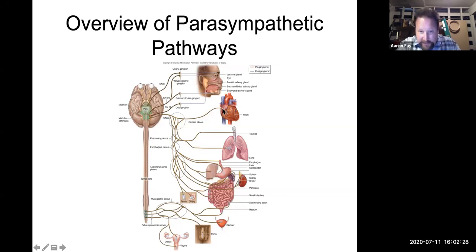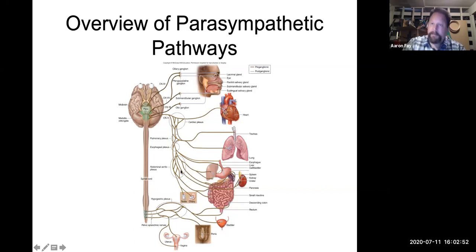So the short ones, the axon for neuron number 2, are shown in gray, and they're much, much shorter. So ganglia is located closer to the target organ, further away from the central nervous system. Right? And they just break down which nerves feed into which structures.